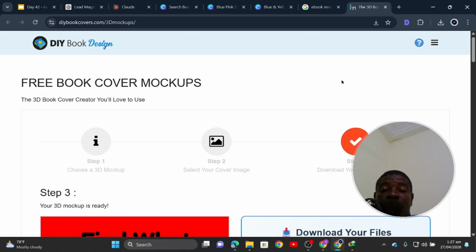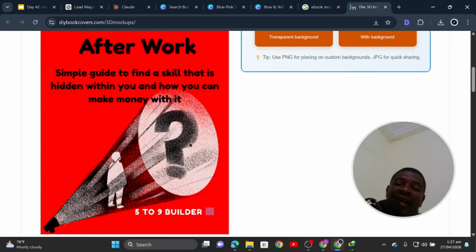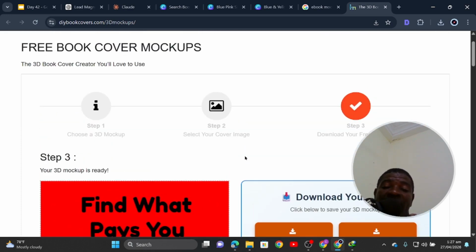You understand? So this is how the lead magnet is created. Okay. I'll pause here so that tomorrow we continue with how to build an email collector on the website, and then we put the book there so that people can subscribe to our email list, and then we give the book to them. You understand?